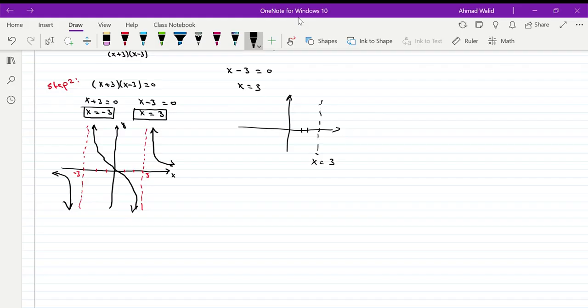2 steps. Step 1, factor, simplify if possible. Step 2, set the denominator equal to 0, solve it. Those numbers are your vertical asymptotes.